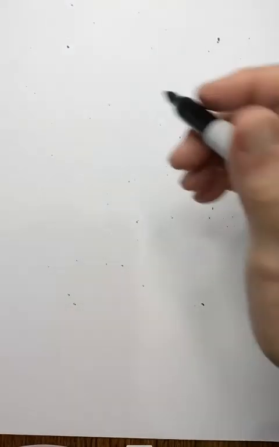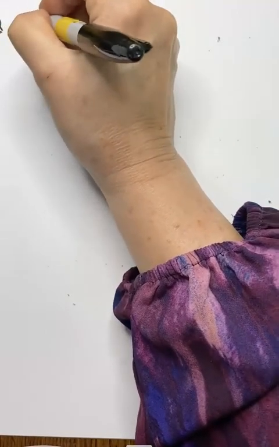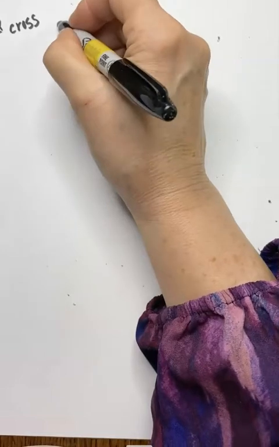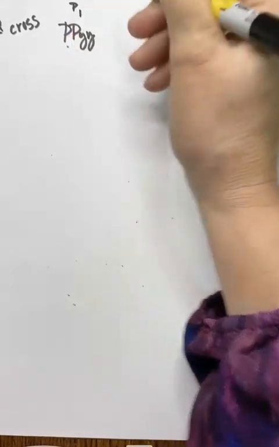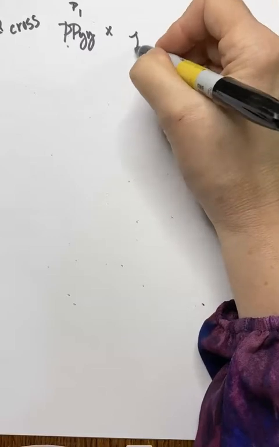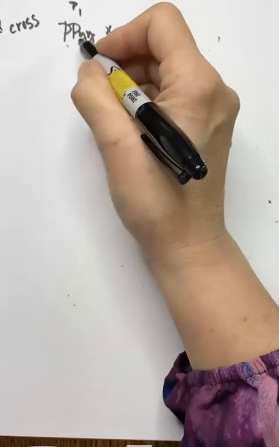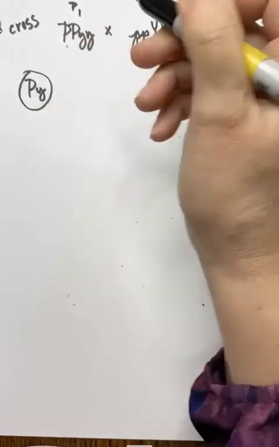All right, let's do our third cross, because we're looking at all the possibilities. So we've got capital P, little y, that's our parent one. Remember, parent one. All right, now a third possibility. Little p, capital Y, capital Y. Right, here we go. This parent can only make capital P, little y, gametes.